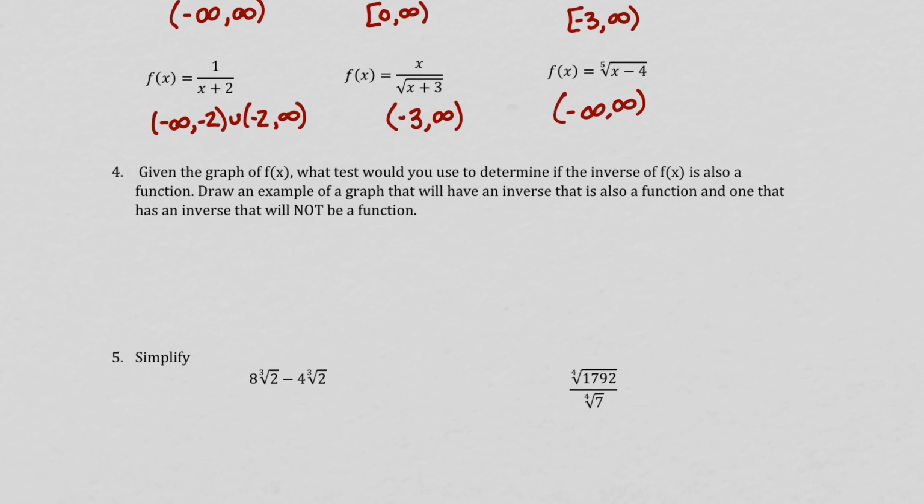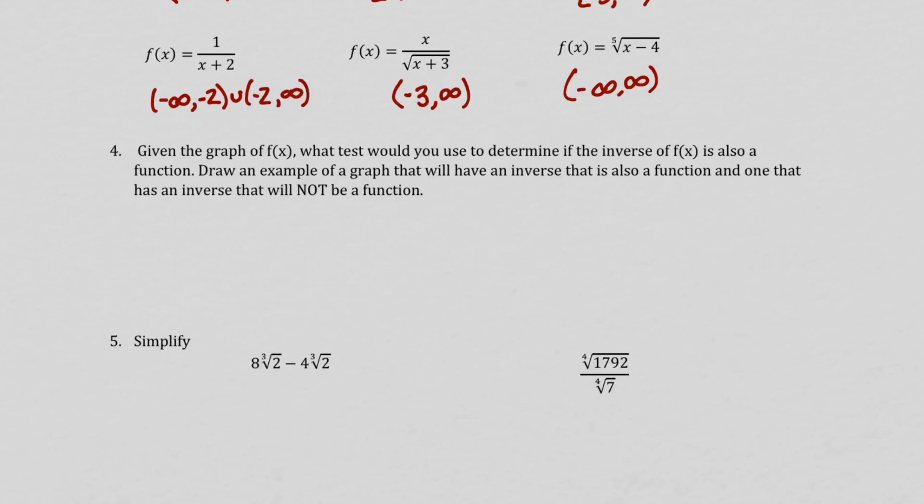All right, so number 4 says, given the graph of f of x, what test would you use to determine if the inverse of that function is also a function? So we would use what's called the horizontal line test.